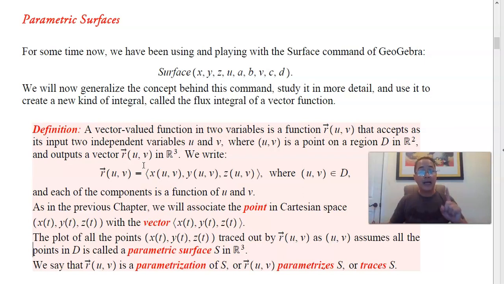We don't draw the whole vector, unlike when we talked about vector fields a couple of videos ago. When we draw a curve, we only draw the endpoint. So when we draw a parametric surface, we are only interested in the endpoint of this output vector. So we associate with this vector the point x of t, y of t, and z of t.